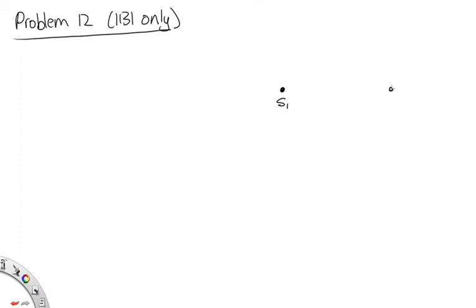Problem 12, which is a 1131 only problem. In this problem we have two loudspeakers, S1 and S2. S1 emits sound with a frequency of 200 Hertz and a power of 1.2 times 10 to the minus 3 watts.